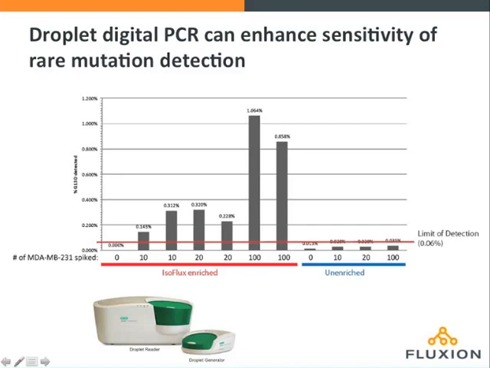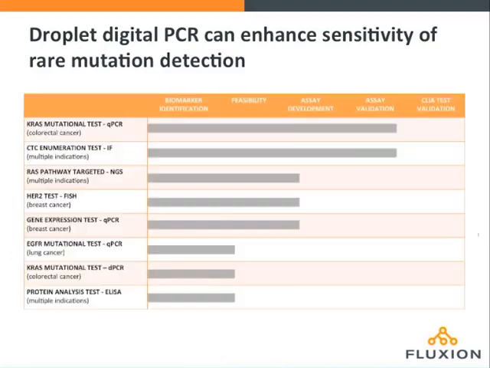And in this case, when we spike in 10 of these cells, which means the recovery is likely 5 to 7 cells for this particular cell line, we get a positive signal, meaning the limit of detection is again likely around 5 CTCs per patient sample.